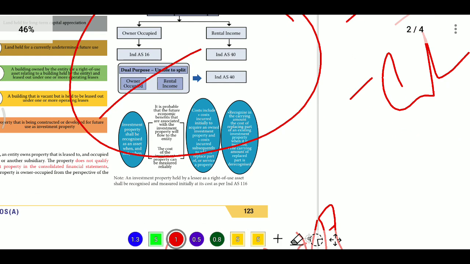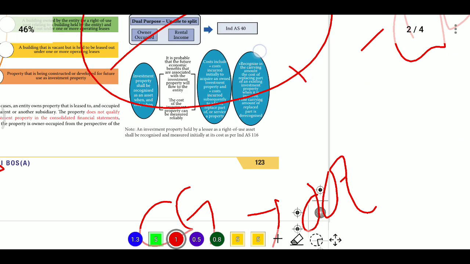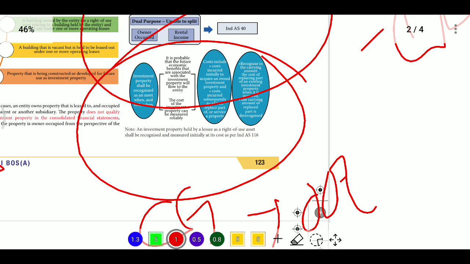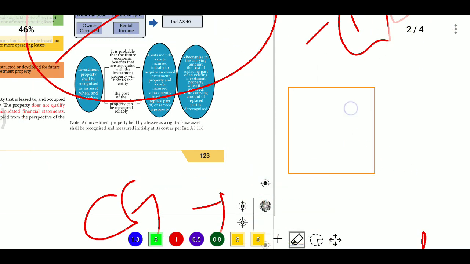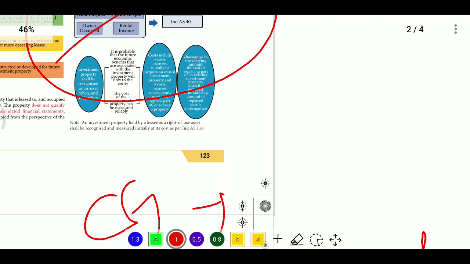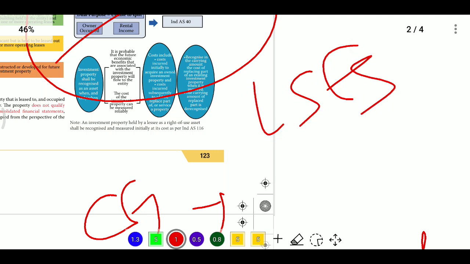After that, property is given on rent or lease to subsidiary companies by parent companies or vice versa. Then we need to see how it is classified in the books, if lessor, in the separate financial statements.